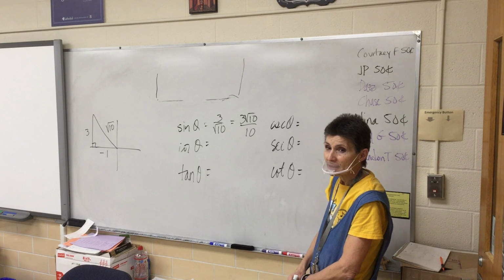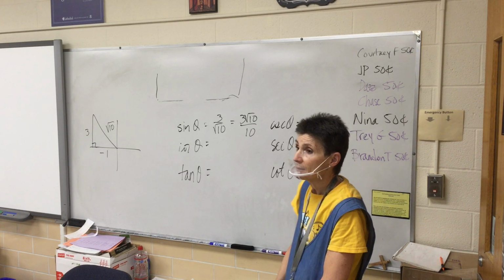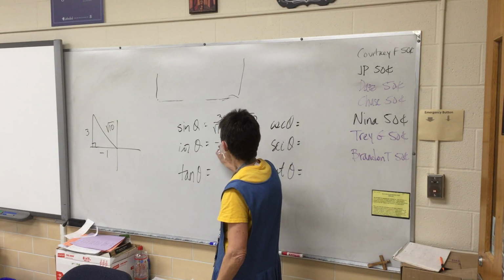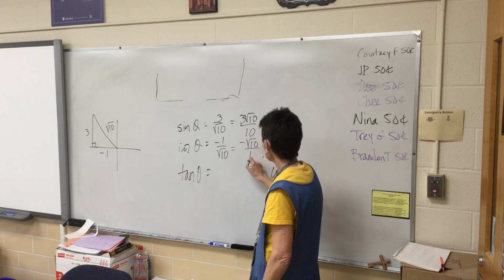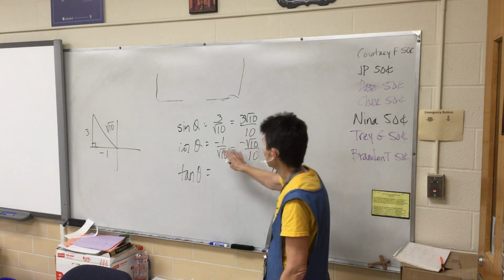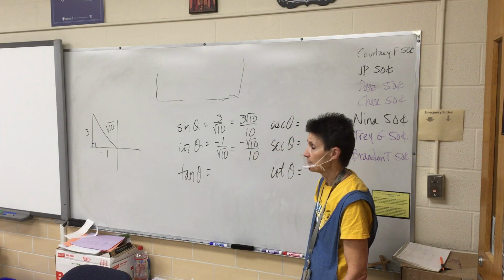Okay, you gotta pay attention here. It's hard stuff. Gotta stay on top of it. What's cosine? Ari? Is it negative 1 over square root of 2? It is. Yep, that's exactly right. And remember, you can put the negative wherever you want to put it. There just has to be a negative in it.